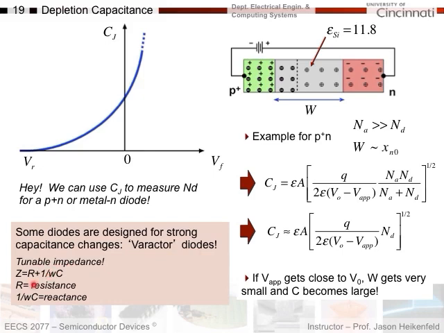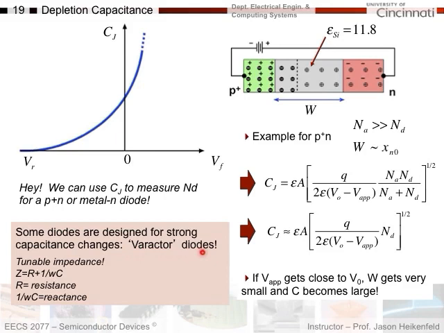R is the resistance, and 1 over omega C is called the reactance. And so if I have a variable reactance, because I'm able to tune capacitance, then I can call this a variable reactance or Varactor diode, and I have this elegant tunable capacitance component that I can put into a circuit.